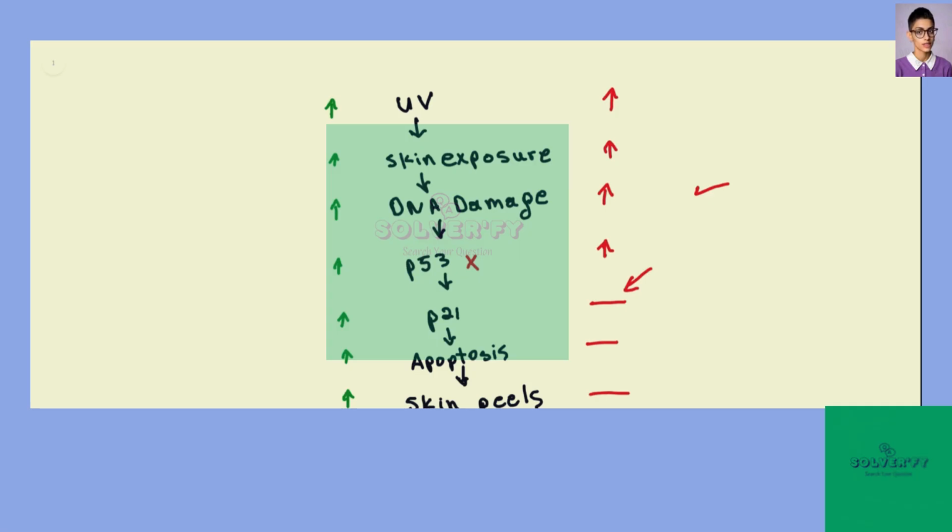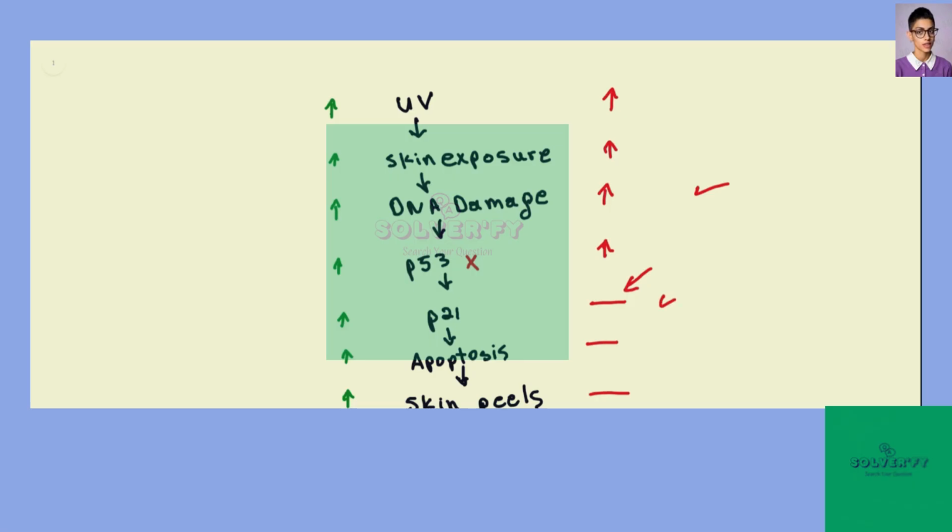Because by definition, if p53 was active, then it would induce increased levels of p21. So you might have a case where levels of the protein are actually increased, but it's not active. So just because you have more of it, it doesn't mean anything if it's not active. So I would say that option two would actually be affected.